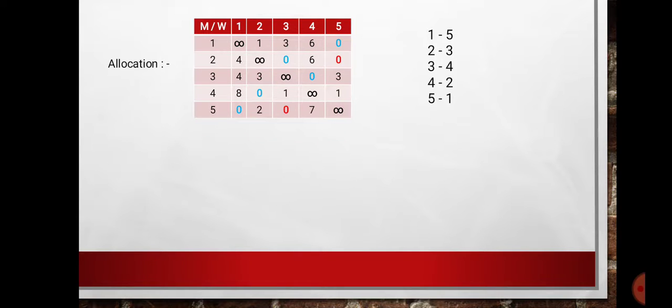Simple. Here I will show: the first row has 1 zero available, so it is selected, and the available zero in its column I will delete. In the second row 1 zero is available, and already this zero is deleted, so no issue. Here the second 1 zero is available, and that zero is deleted.